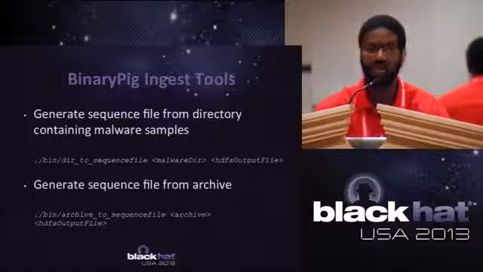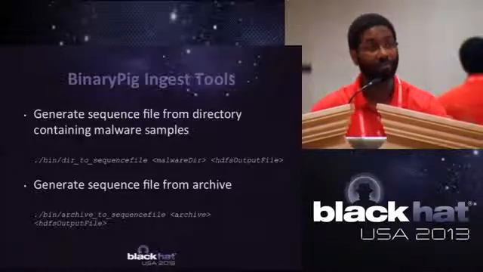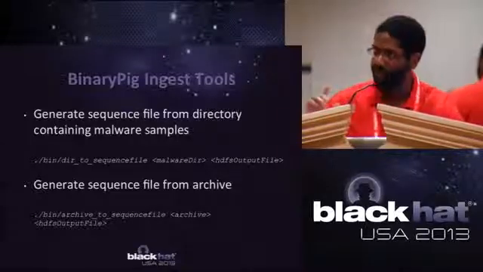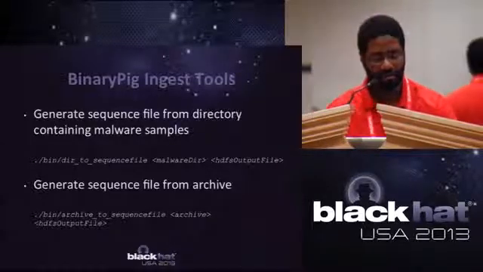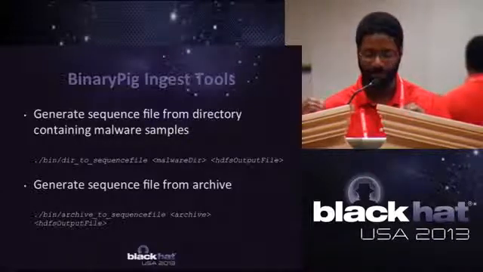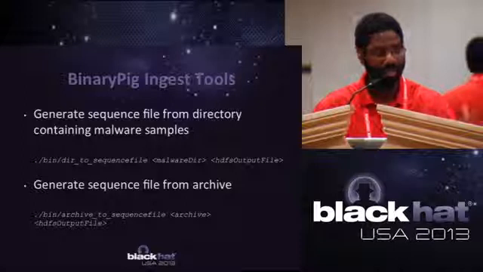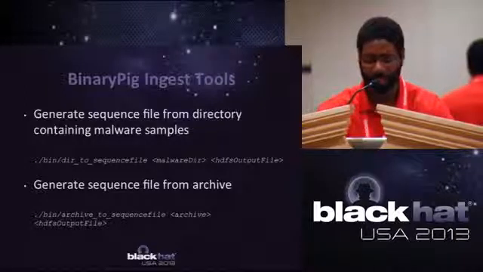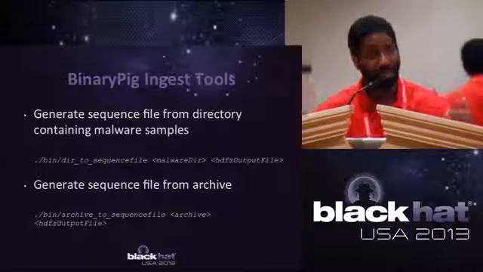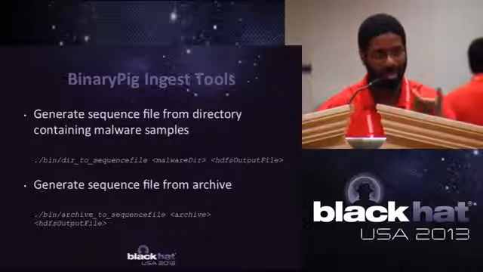Note on the sequence file, for those that aren't familiar with it, it's just a simple data structure. The key, we make the MD5 of the malware binary, and then the value is the actual binary data itself, right? So that's what we copy up. Then when you run it over Hadoop, it iterates over each line, which is an MD5 and the malware.